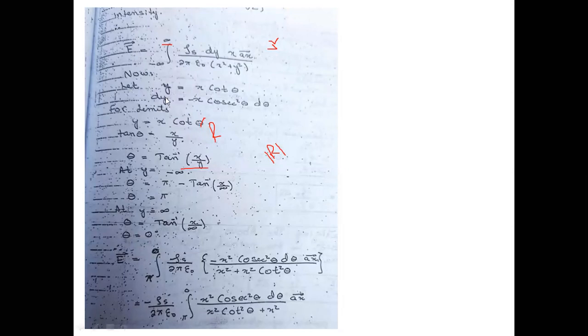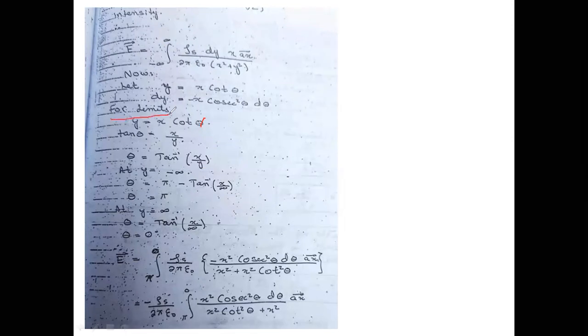Taking the derivative of y with respect to theta, we will get dy over d theta is equal to minus x cosecant square theta, and shifting d theta from the denominator to the other side. So now we have the value of y and dy, replacing y and dy in the equation of e.